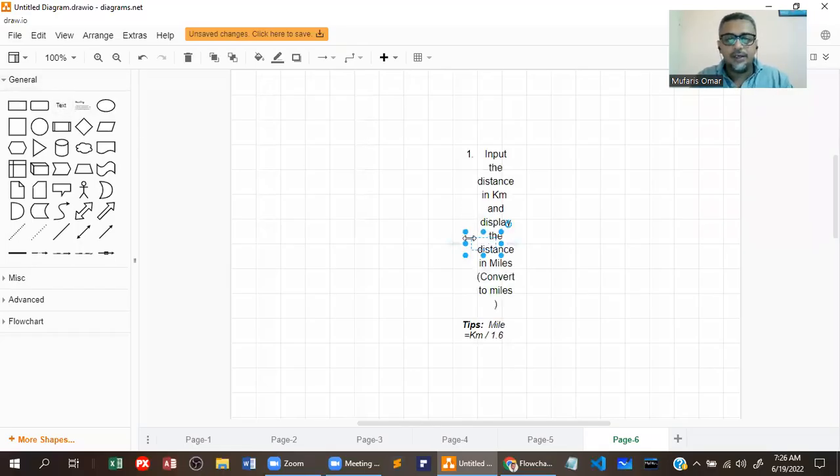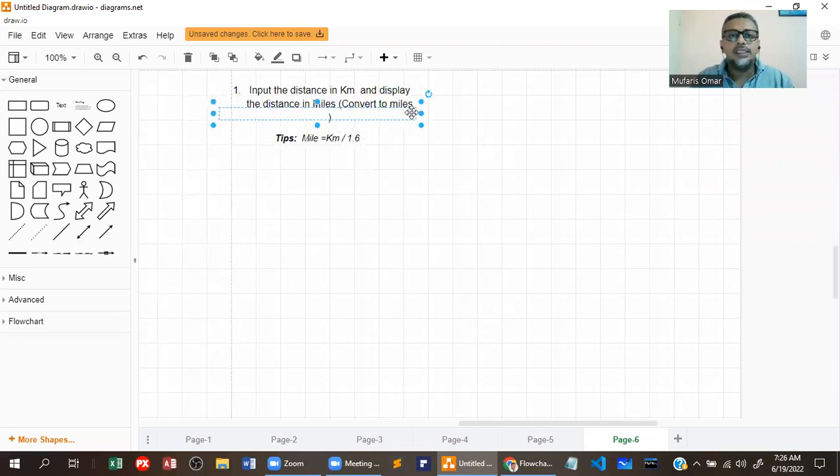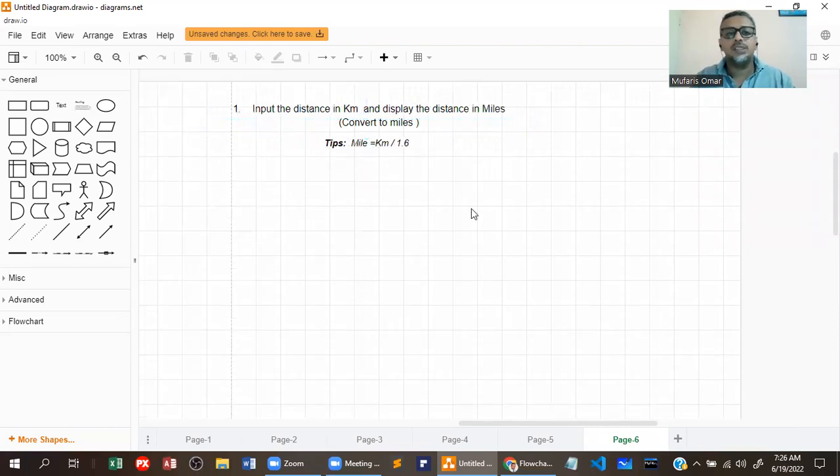So you can write down the question. Input the distance in kilometer and display the distance in miles. So there's a conversion. They have given mile equals kilometer divided by 1.6. Okay. Can you draw a flow chart for this problem?